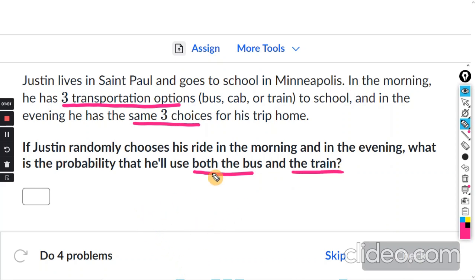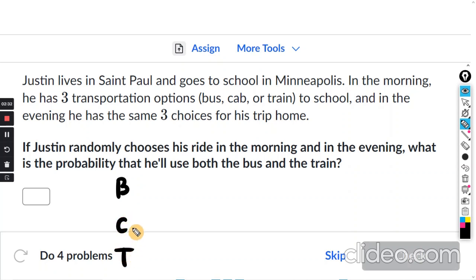Okay, so let's write out the tree options for the morning. All right, let's just write 2 letters at a time. We'll start with bus, cab, or train. So he can take the bus and then the bus.